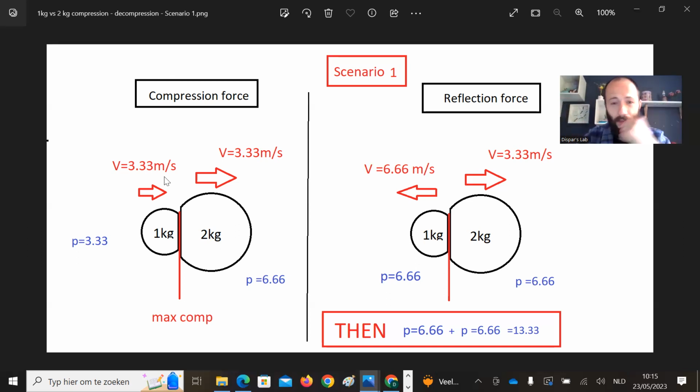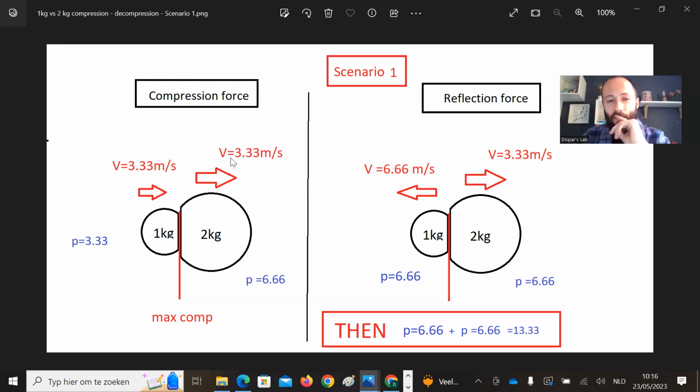Which means, for the 1 kilogram, 3.33 plus minus 6.66 equals minus 3.33. The minus sign just means it goes in the opposite direction. It's not a negative value. It's actually just positive 3.33 going in the opposite direction.